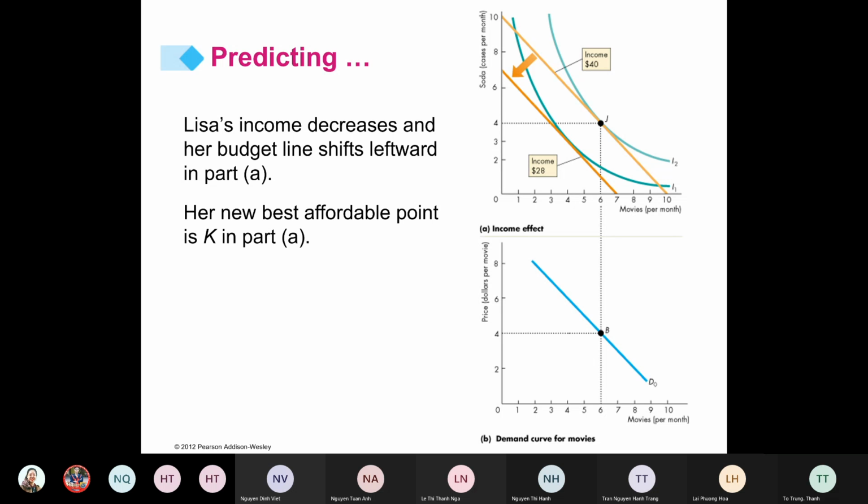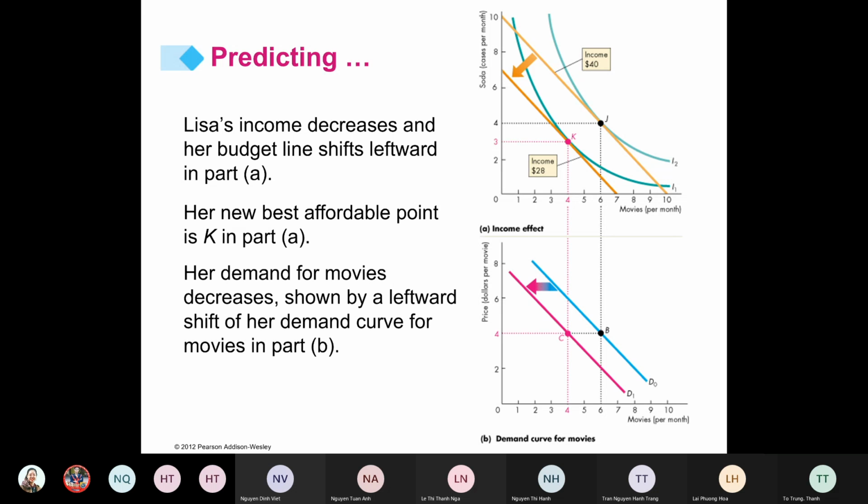So let's say at point K. Because of the change in income, at point K, compared to point J, she buys only 3 sodas compared to 4 previously. And she buys only 4 movies compared to 6 previously.